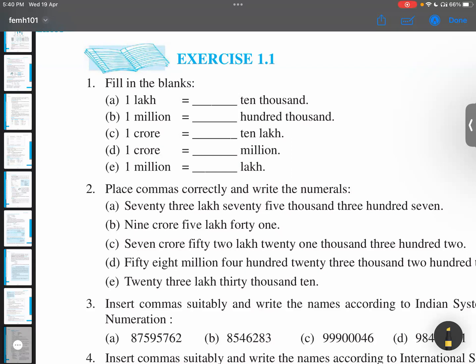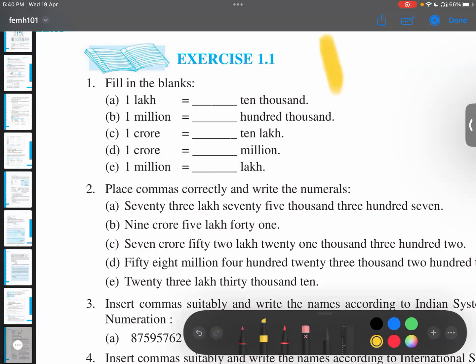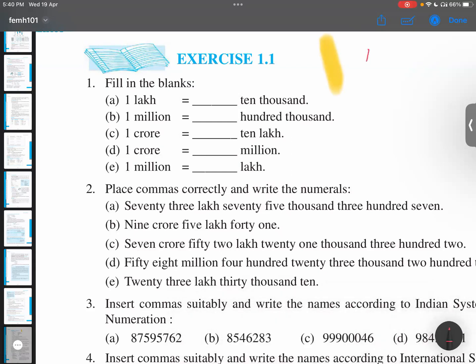Yeah, exactly. Five zeros in lakhs. Then how many zeros are there in thousand? It will be three zeros. So now we have to write one, zero, zero, comma, zero, zero, zero.